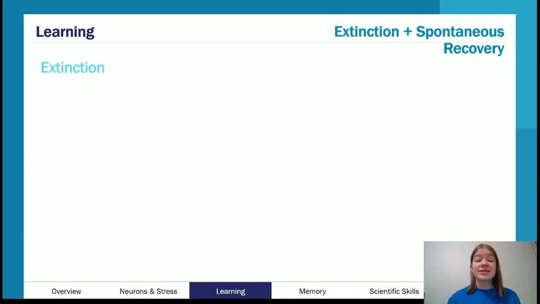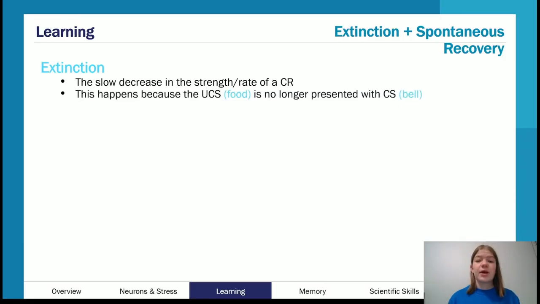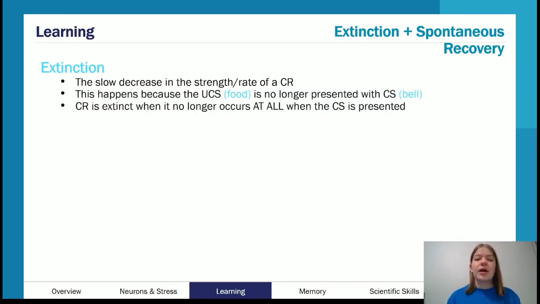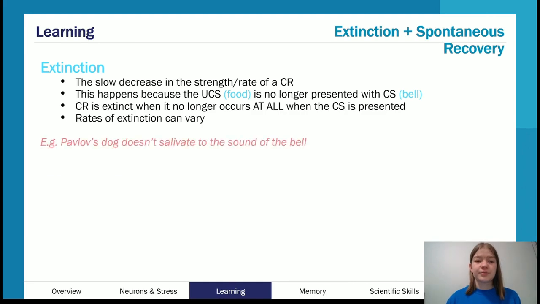We can also look at extinction, where we see a decrease in the strength of the response. We're no longer having that association, it's becoming weaker and weaker, and so eventually we can have extinction occur when a conditioned response doesn't occur at all in response to the conditioned stimulus. We can also have spontaneous recovery.